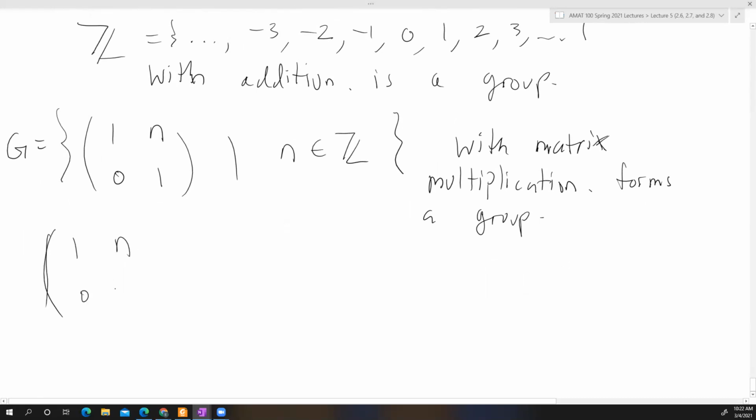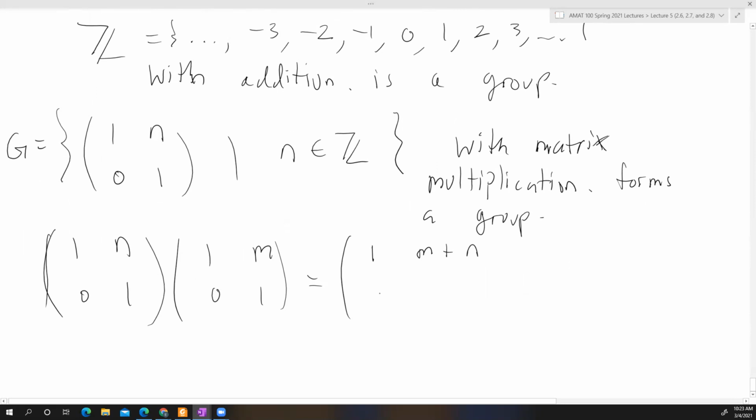I take an element of this form, and then another element, and let's multiply them. You're going to see it looks a lot like just adding integers. To multiply this, I do 1 times 1 plus n times 0, so I just get 1 on the diagonal. Then I do 1 times m plus n times 1, and then 0 times 1, which gives me 0.